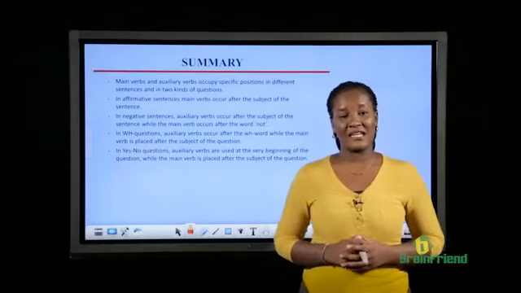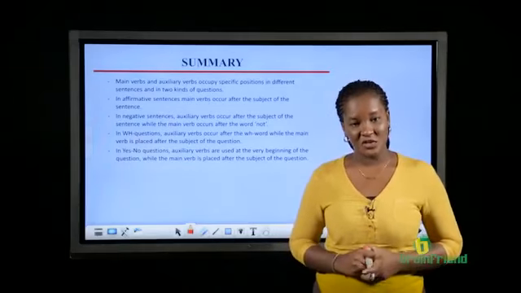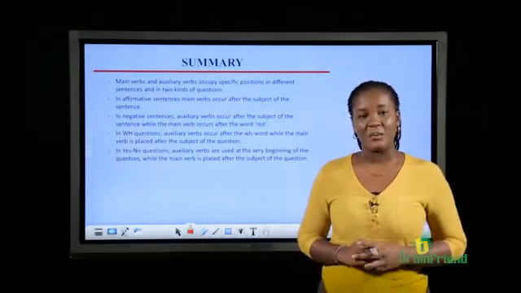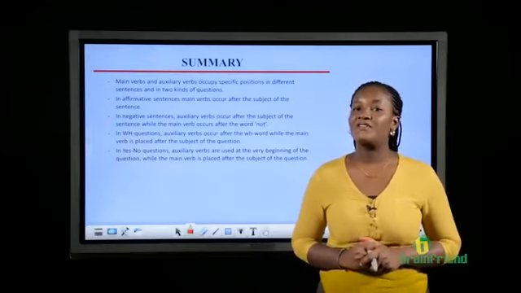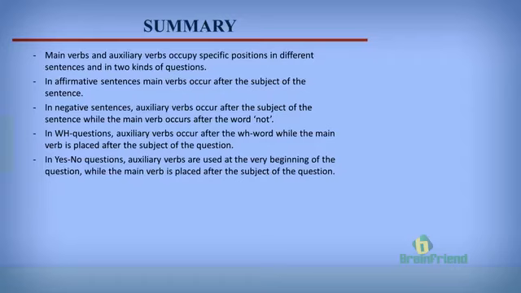We've come to the end of our lesson on position of verbs in sentences. But before we move to our test section, let's take a look at all we have learned so far. We learned that main verbs and auxiliary verbs occupy specific positions in different sentences and in two kinds of questions.